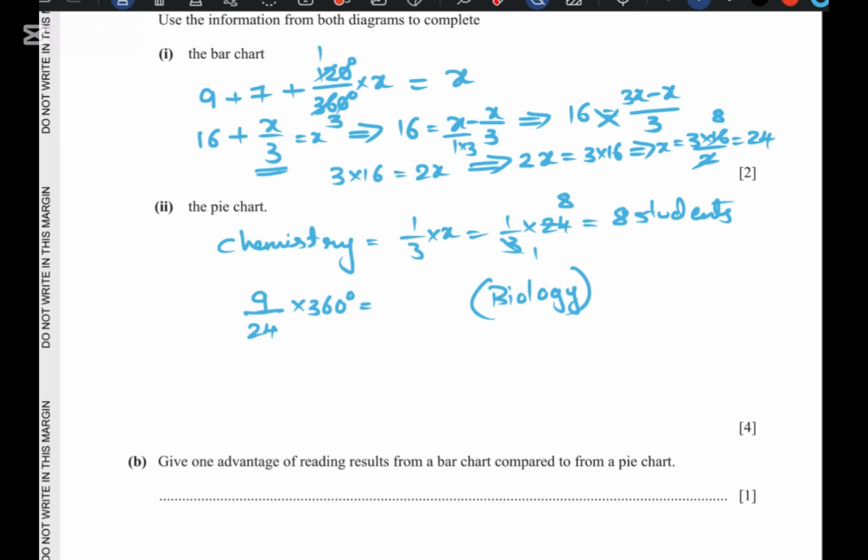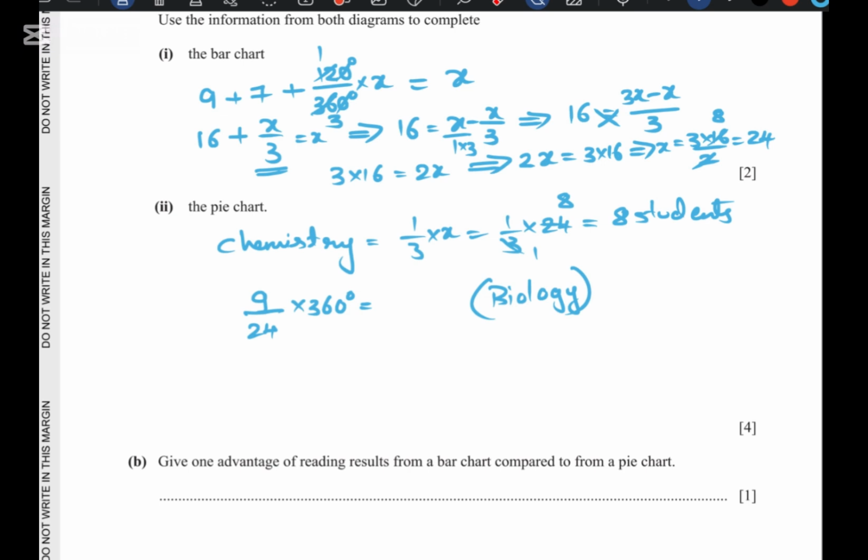And the remaining angle will be the angle for physics. If you draw one line, that is enough for this question, because the remaining angle is obviously for the other subject. So one angle is more than enough to find out.